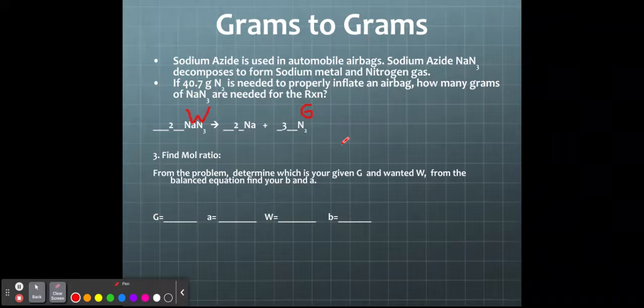Now from the balanced equation, you can find your B and your A. Your B is the coefficient of your wanted, which is the number 2. And your A is the coefficient of your given, which is 3. So then we can fill out these spaces right here.